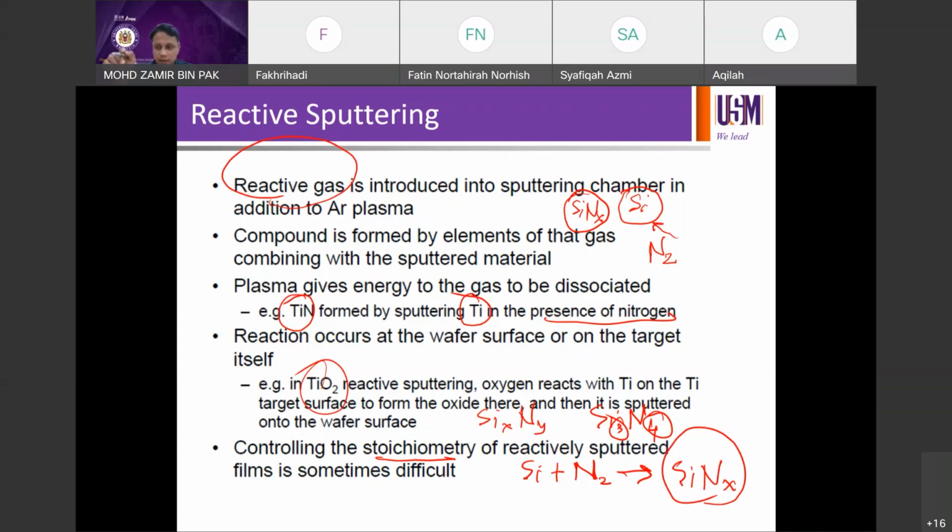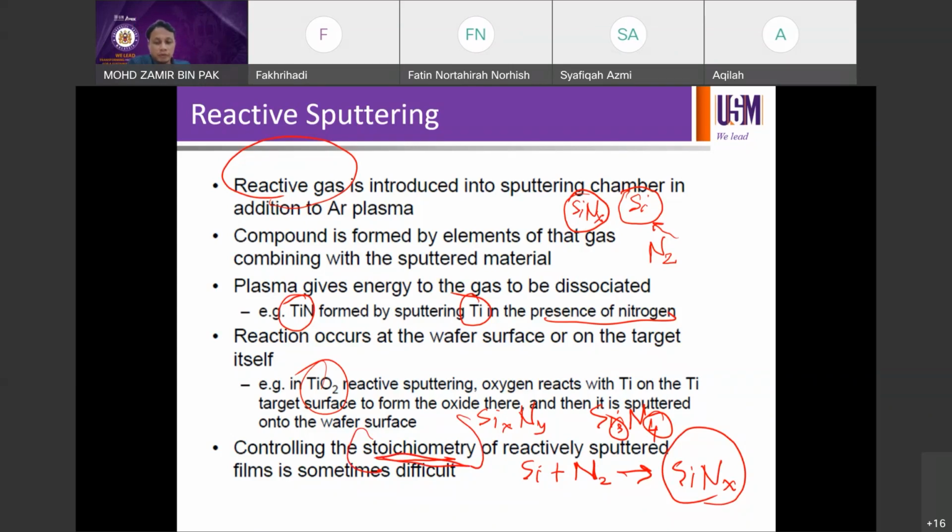Right, so titanium dioxide, thank you, Amirul. Titanium plus oxygen, TiO2. Other example, you will write down. So the key point here is to control the stoichiometry will be difficult with reactive sputtering. So that means you need to really optimize the process parameters involved, particularly the gas to be reacted with the target.